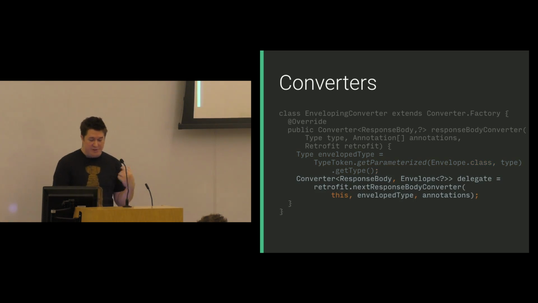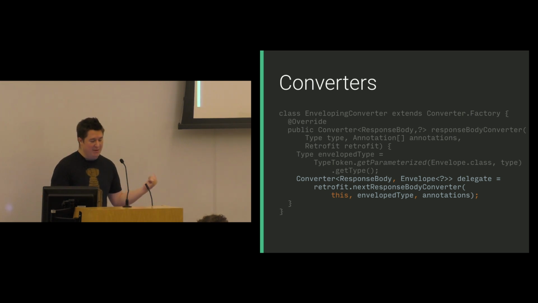And then we use this Retrofit object, and we ask it for the next converter that would have been used if the converter that we're writing, that we're in, wasn't there. Say, give me the converter which you would have used if I wasn't present. In the case of JSON, this would be the JSON converter.